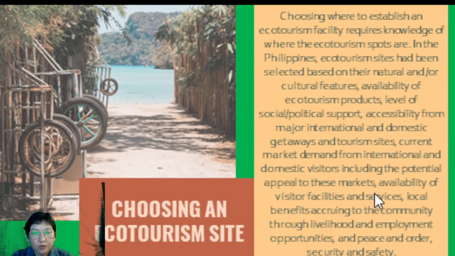In choosing an ecotourism site, choosing where to establish an ecotourism facility requires knowledge of where the ecotourism spots are.